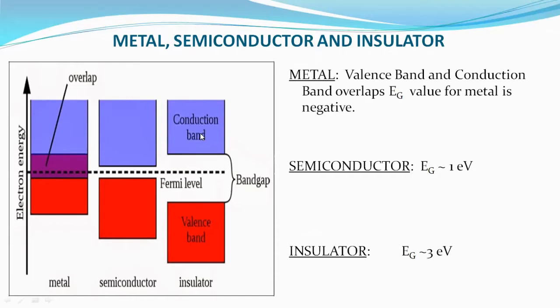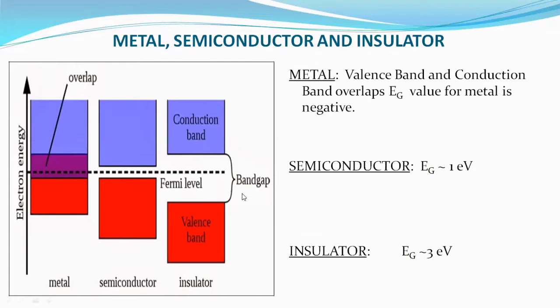Conduction is only possible if you provide some external excitation to the valence band, then some electron sitting in the valence band will jump to the conduction band energy level, and only then it can carry current and conduction is possible. So metal has high conductivity, semiconductor has conditional conductivity as the energy gap value is very less. So you have to apply some external excitation there, then it will conduct.